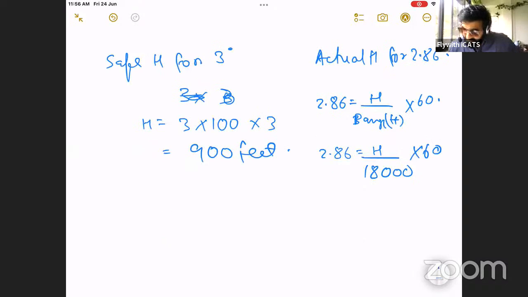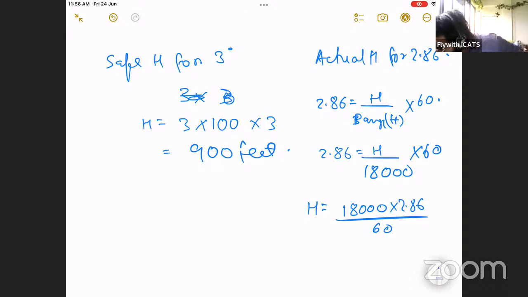So h is equal to 18000 into 2.86 upon 60. I get 858.